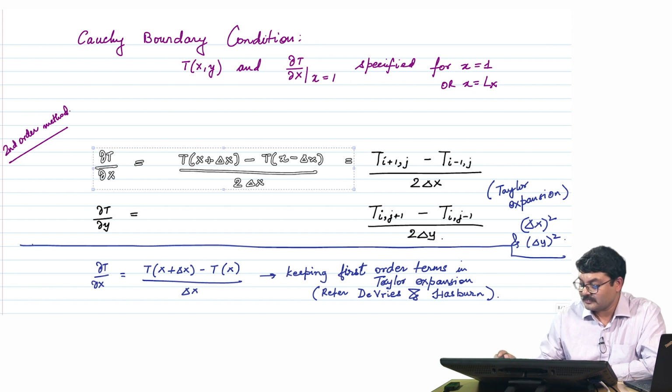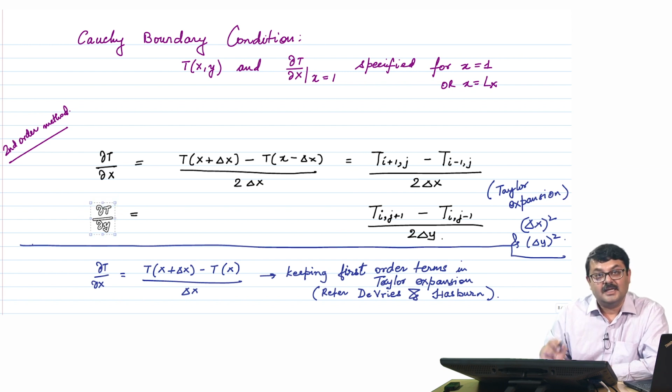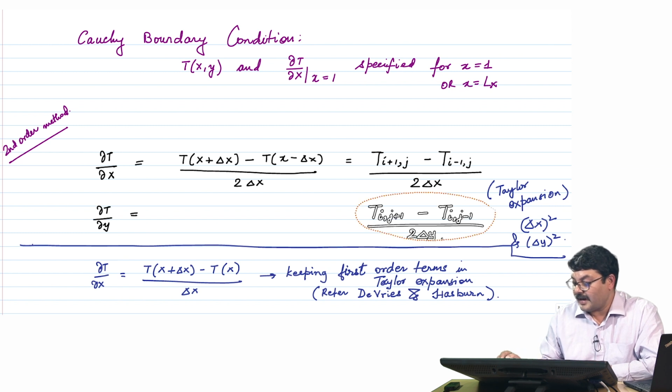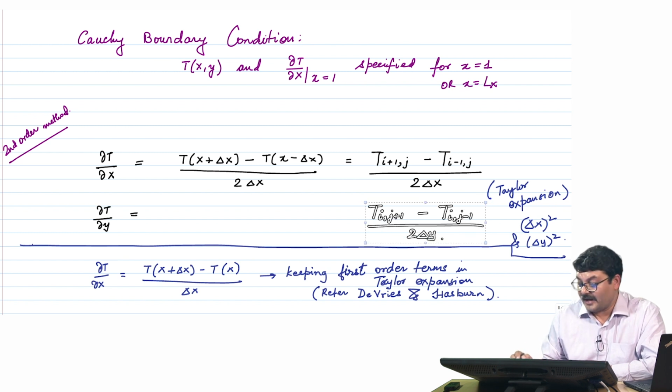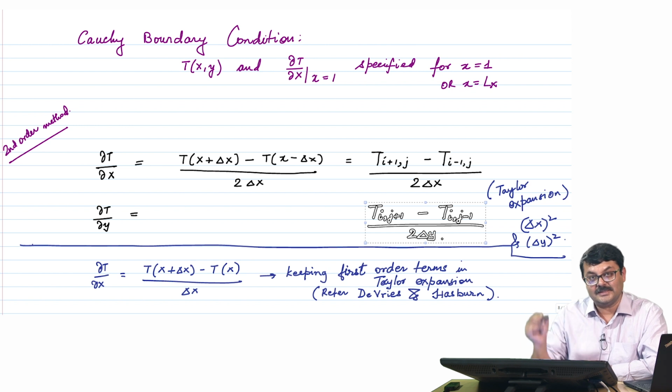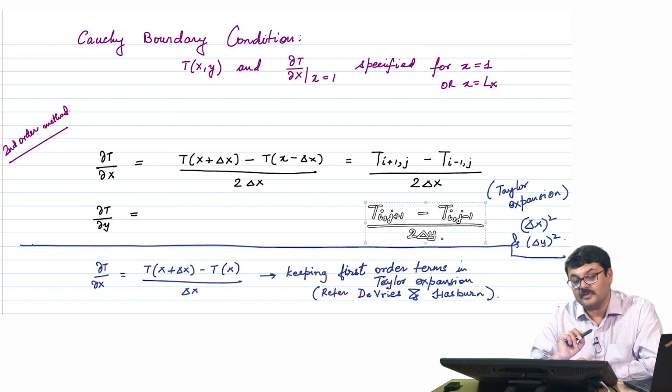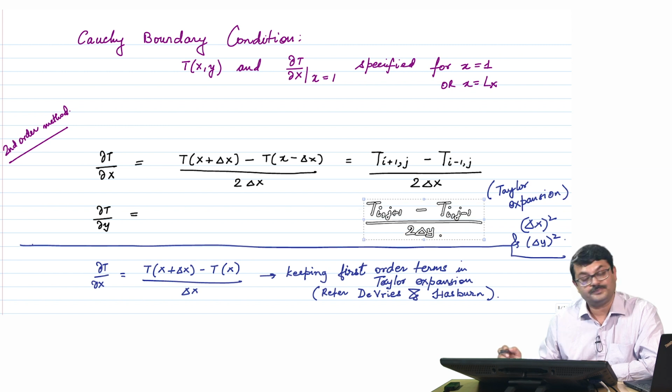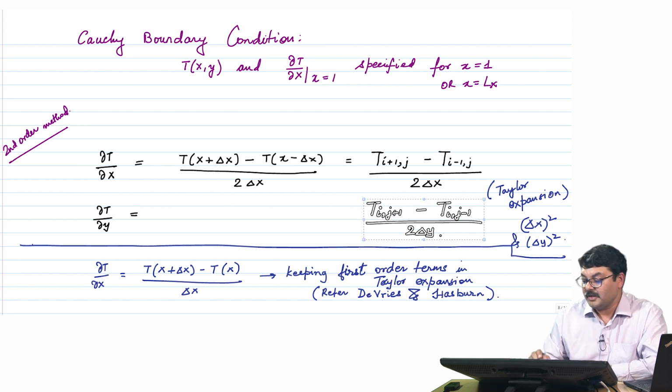And dT/dx can be written like this, which essentially, when you write it in the discrete manner, is T(i+1, j) minus T(i-1, j), corresponding to x plus delta x and x minus delta x, divided by 2 delta x, and similarly dT/dy can be written as T(i, j+1) minus T(i, j-1). So, basically, what is the value of the temperature in the y direction, one lattice coordinate up and one lattice coordinate down, divided by 2 delta y.